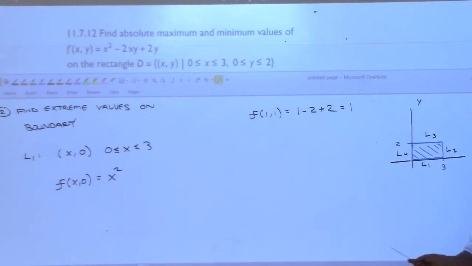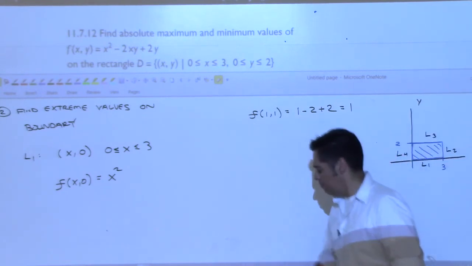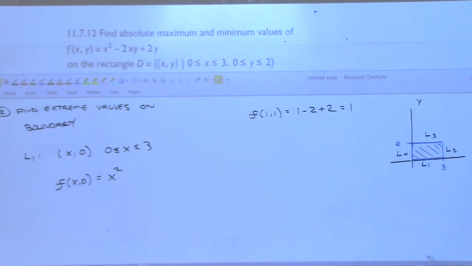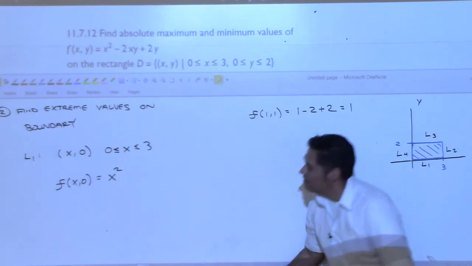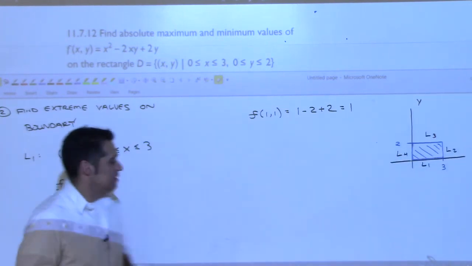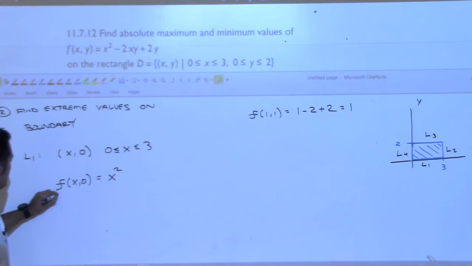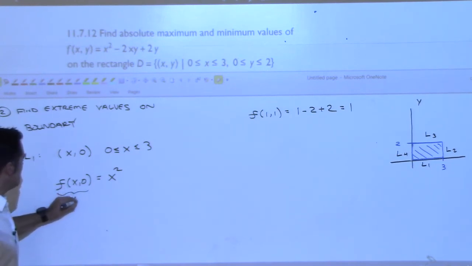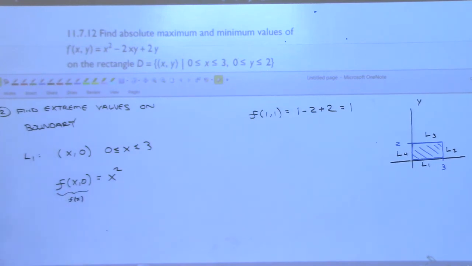Now take the derivative of this. We're treating it as a function of the single variable x, so we go through the Calc 1 steps.